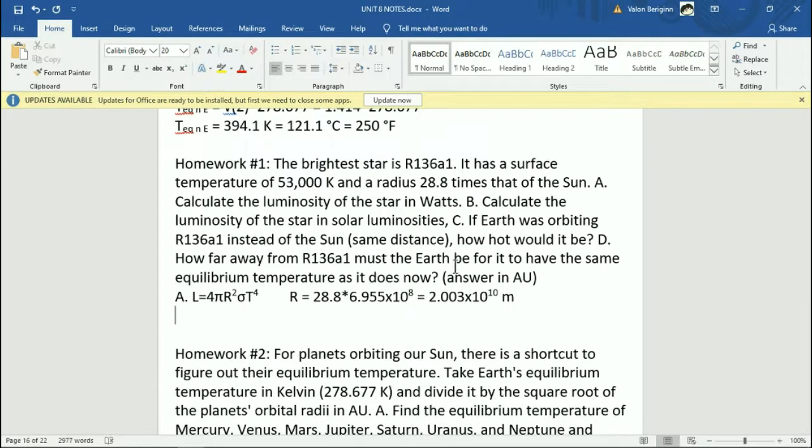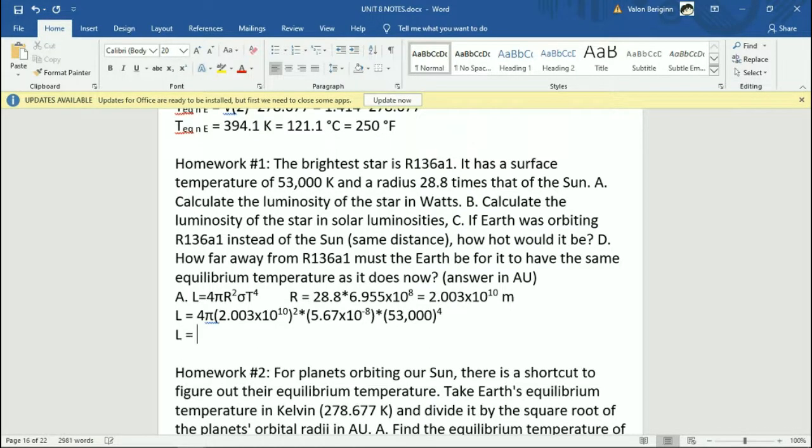So now we can plug in the numbers for L. We have 4 pi times 2.003 times 10 to the 10 squared, times the constant here, times the temperature, which was 53,000 to the fourth. So what are we getting?